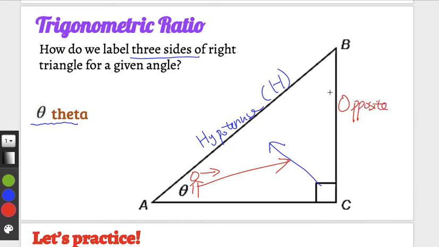So this side standing in front of the angle is called opposite, and we use O to stand for this opposite side. And for the one next to it, you can imagine you are standing at this angle position, and this side is under your feet. It's like the ground you are standing on. This side is called adjacent.